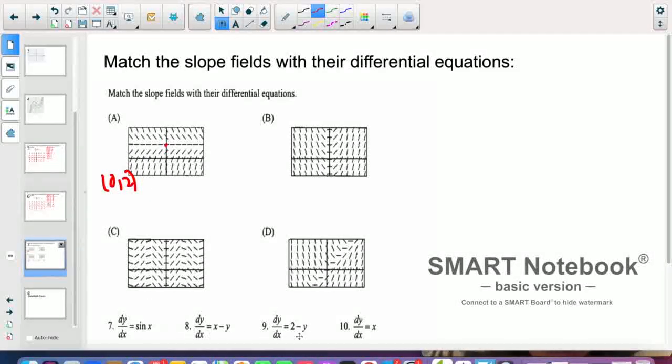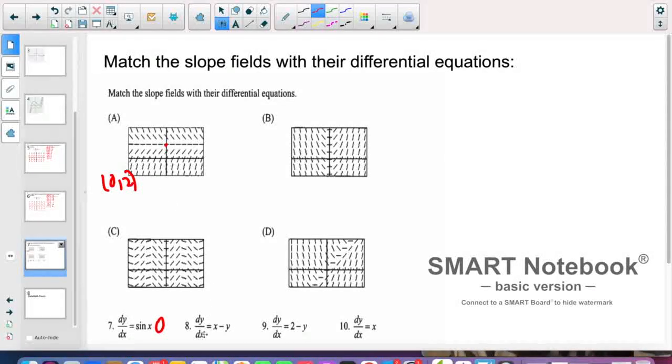So I want to go down here and see which of these give me a slope of 0 when I plug in 0, 2. Well, let's see, sine at 0. Well, sine at 0 is 0, so we can't throw that out. That might be a possibility. Here, 0 minus 2, that would give me a slope of negative 2.